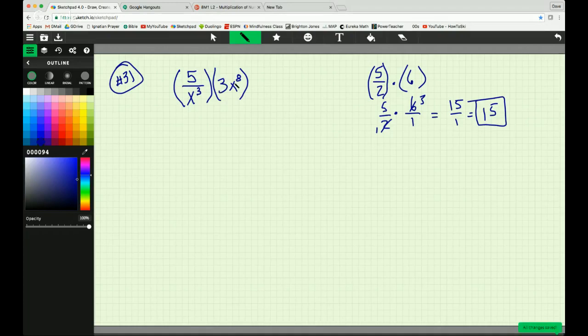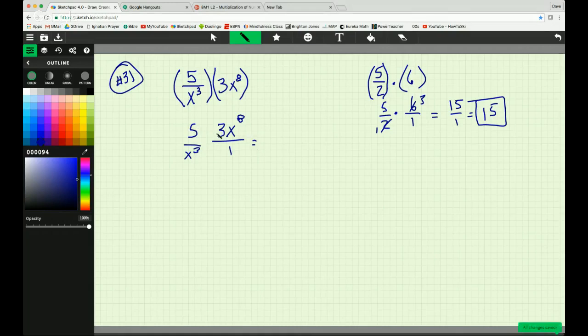Here we do the same thing. We just have a lot more going on. So let's make this into an improper fraction: 3x to the 8th over 1 times 5 over x cubed. Let's just multiply these together.